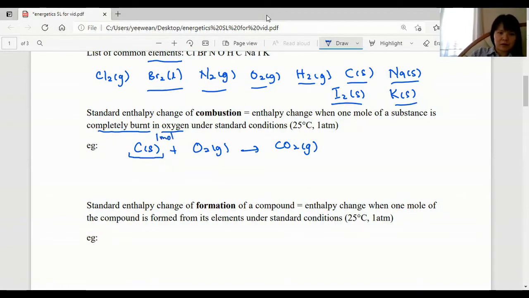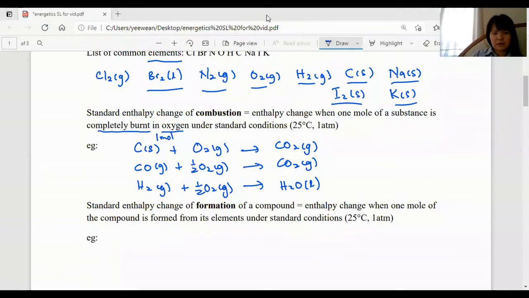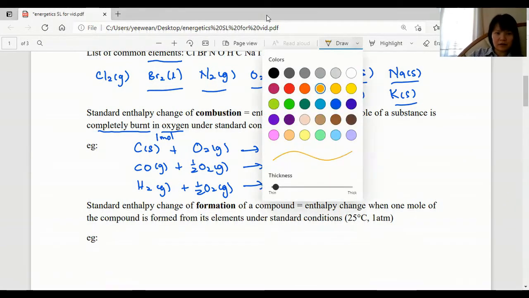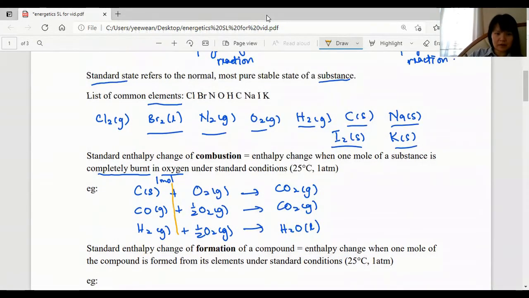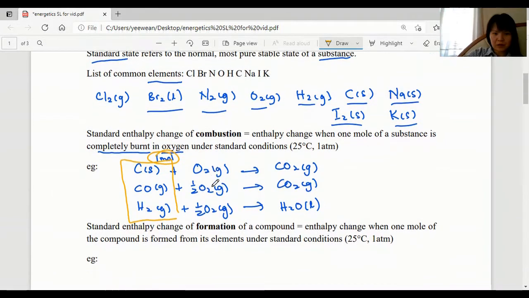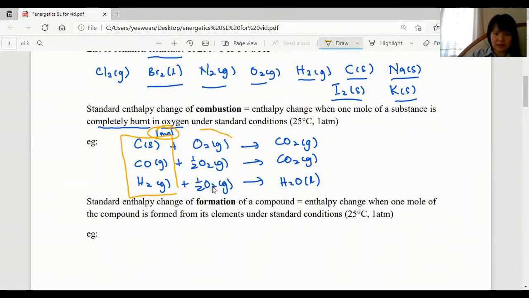Other examples are carbon monoxide here and hydrogen gas here. Make sure that all these that you want to combust is 1 mole, and make sure the oxygen is in excess, so there's enough of it to form these products in standard conditions.